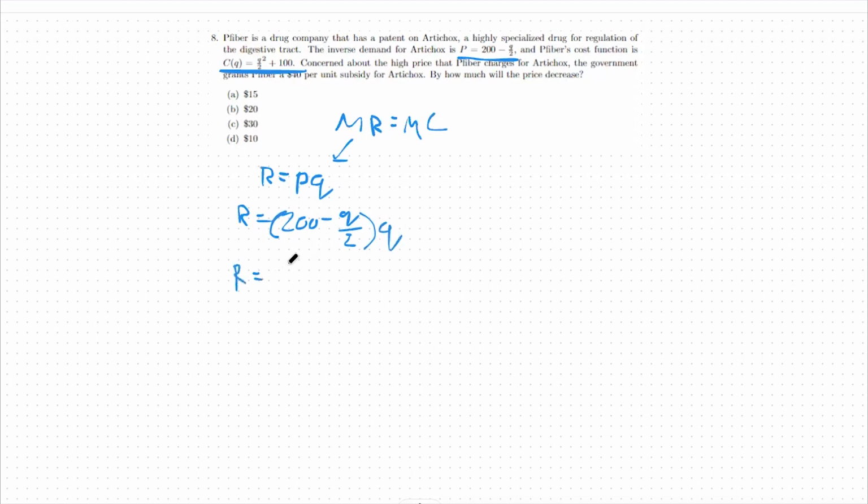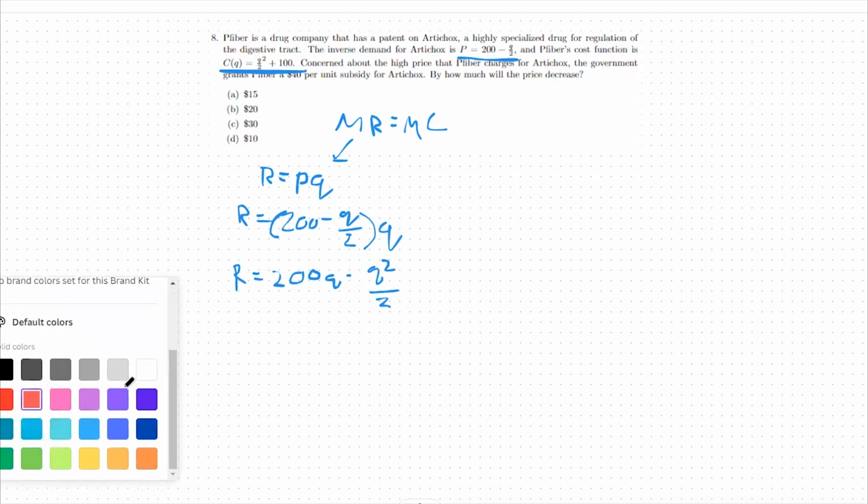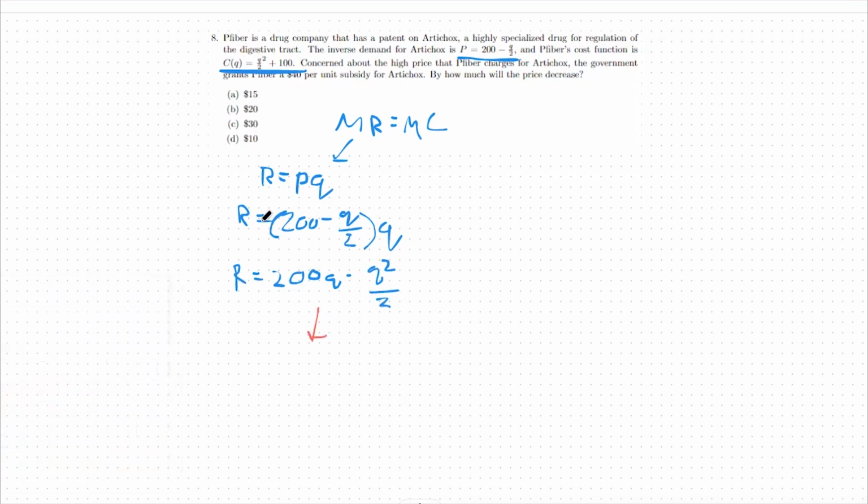What this ends up looking like is 200Q minus Q squared over 2. Next, we can take this function right here, take the derivative of it to figure out our marginal revenue. Our marginal revenue in this case would be 200 minus Q, or the derivative with respect to Q of my revenue function.